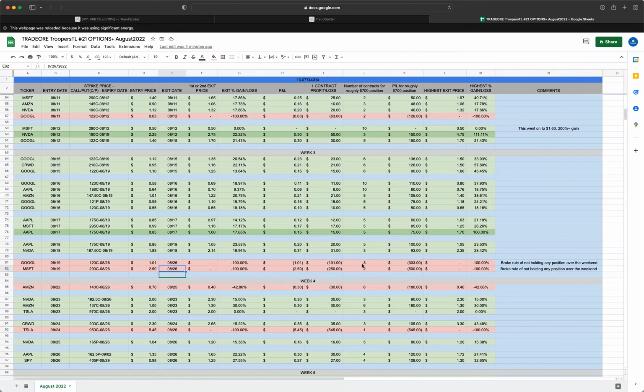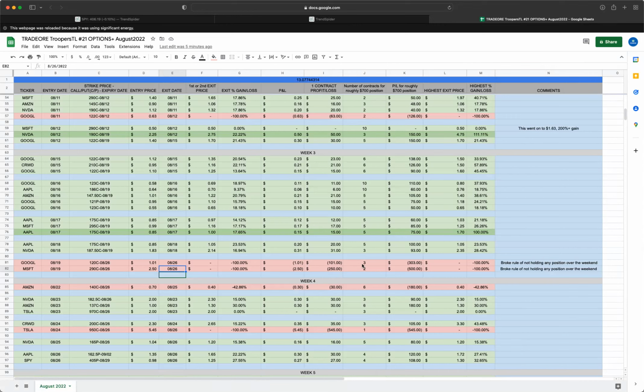So big mistake. We'll be avoiding this in the future, but let this be a lesson for you guys as well. Now that I know I made this mistake, I won't be repeating it again, right? That's why these trade logs are so important, because that's how you learn from your mistakes. If you don't keep track of your mistakes, how are you going to correct them?